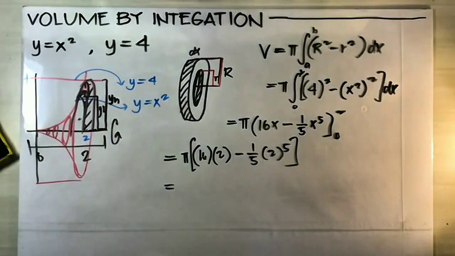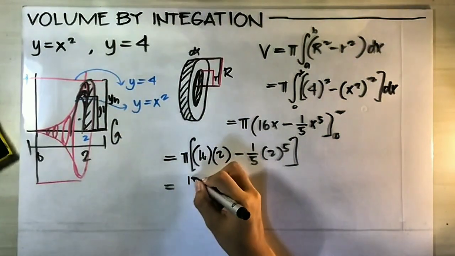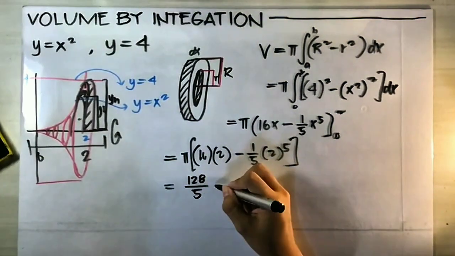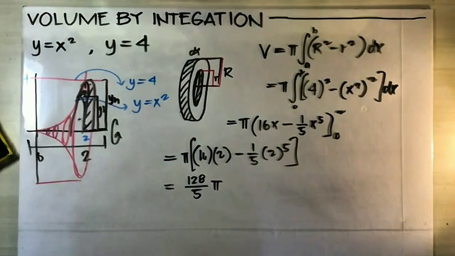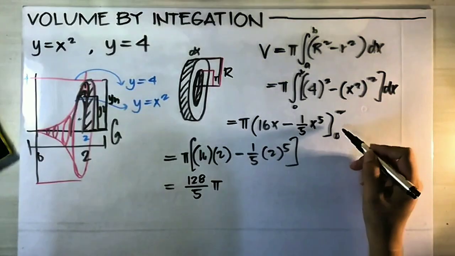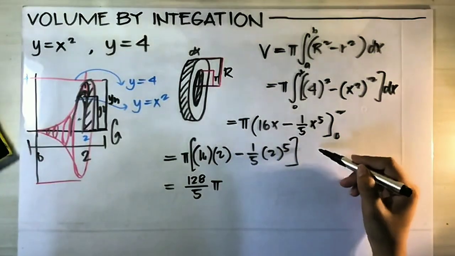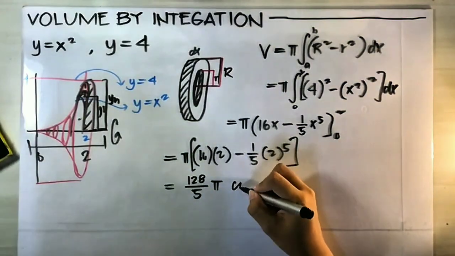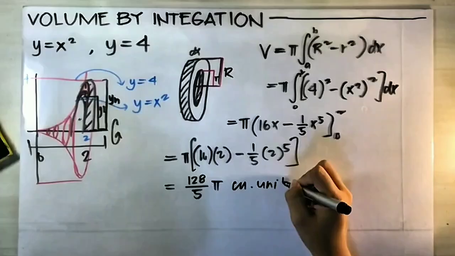So this is equal to 128 over 5 pi. Since the lower limit is 0, we don't have to put it, because that is already cancelled. So this is our volume, in cubic units.